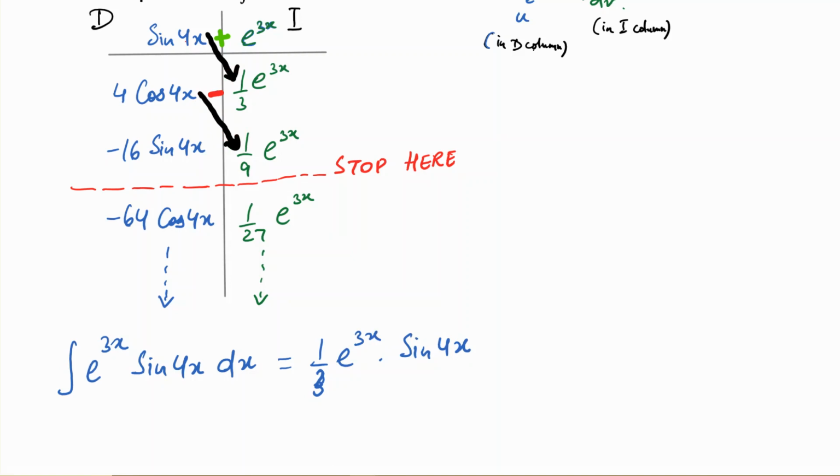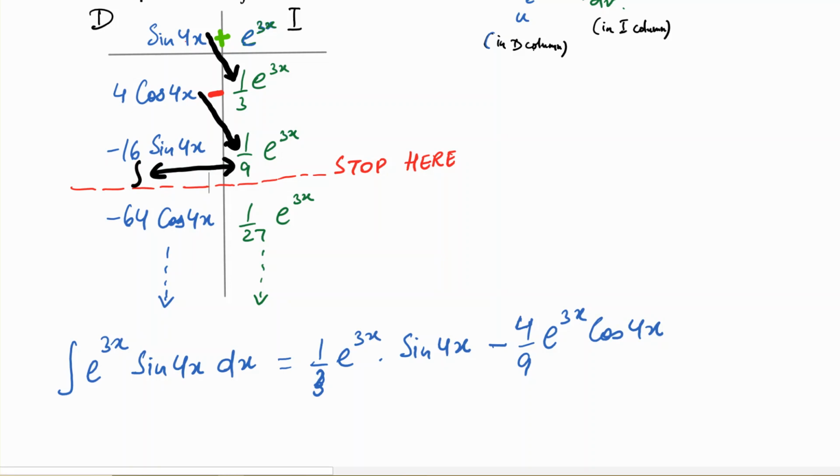So negative of 1 over 9 e raised to power 3x, and then 4. So I'm just going to write 4 here. So cosine 4x. And lastly, we should go horizontally and we should take the integral of the product of the factors in the last horizontal row.